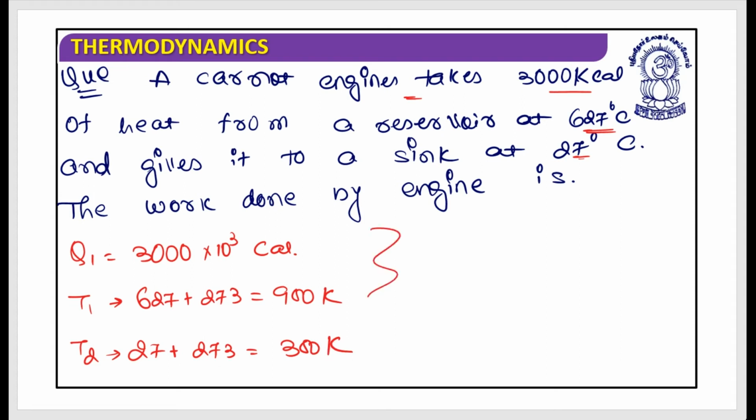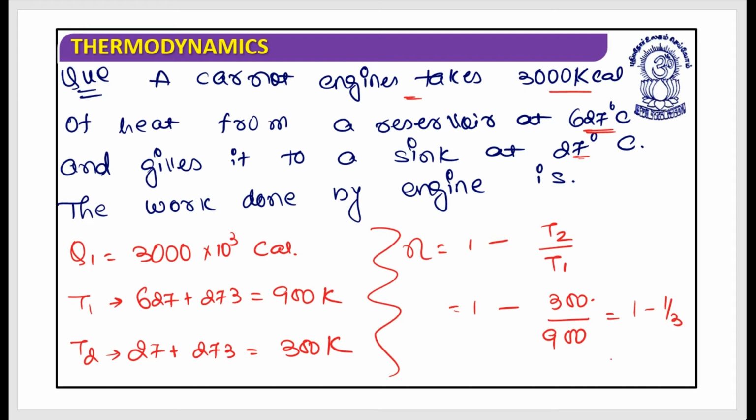So now let's find out the efficiency, which is given as 1 minus T2 by T1. So efficiency is 1 minus T2, which is 300 Kelvin, by T1, which is 900 Kelvin. So it's 1 minus 1 by 3, and when I solve this, it is 2 by 3. This is the efficiency.